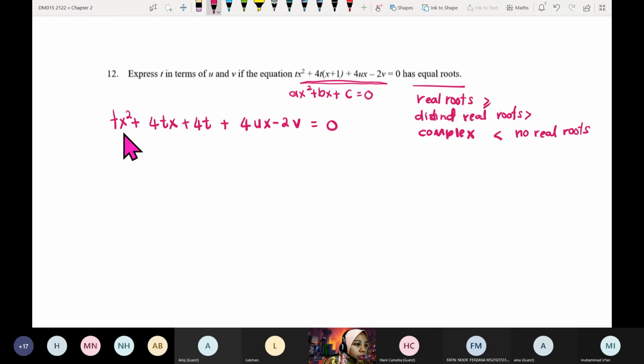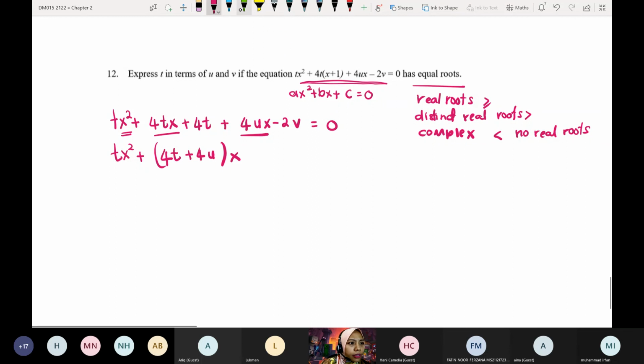Okay, so is there any quadratic here? No, only TX square sahaja quadratic. So let it is a single macam tu. Tetapi X dia ada 2. Betul? So 4T plus 4U. Ni tricky lah. Sudah tak bolehlah terus buat.